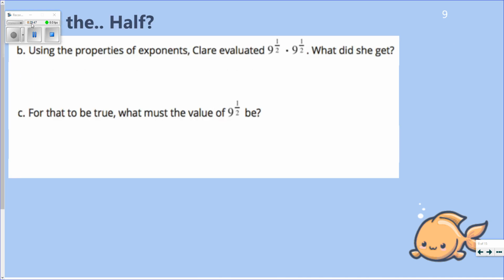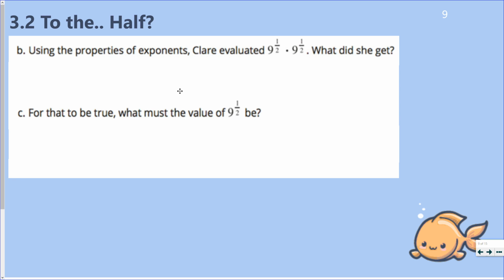Okay, so one way we can do this is by using fraction exponents and the properties of exponents, right? So what happens if we have the term 9 to the 1 half times 9 to the 1 half? One way that mathematicians figure out what a number could be is they assume it's a legitimate value and apply properties to it.